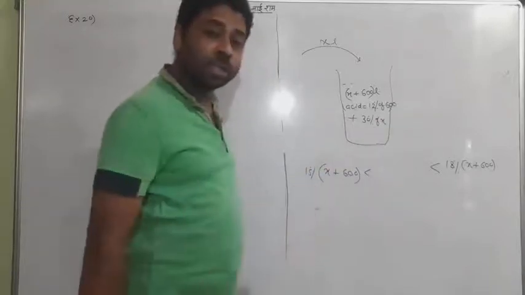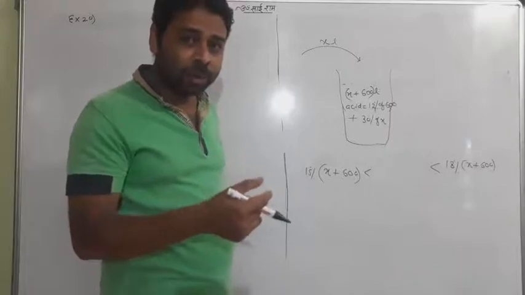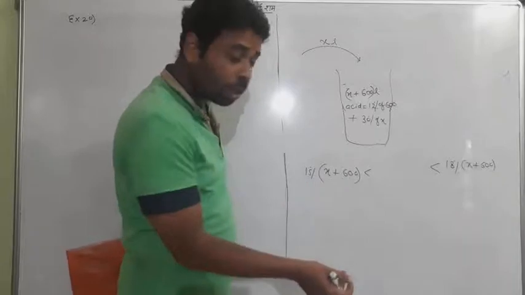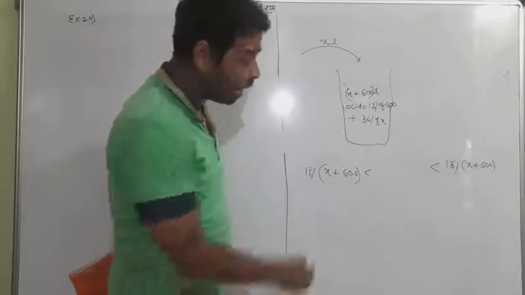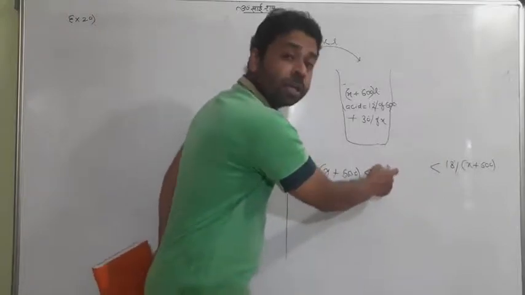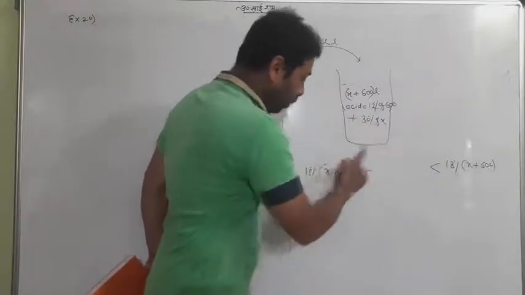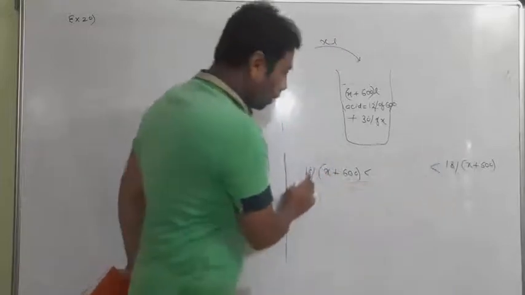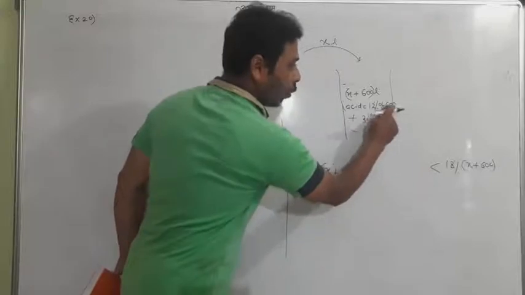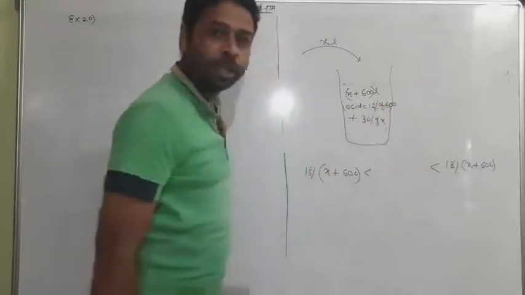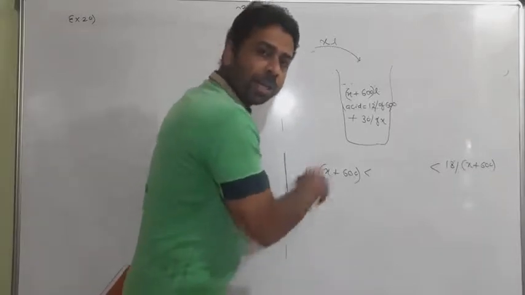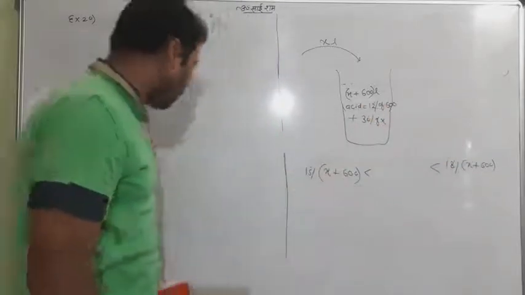It is very important that 15% is the acid content of the resulting mixture. What is the resulting mixture? X plus 600. Our obtained acid content will lie between these two, more than 15% and less than 18%. This is the acid content in our mixture, lying between 15% and 18%. So this is a very important question.